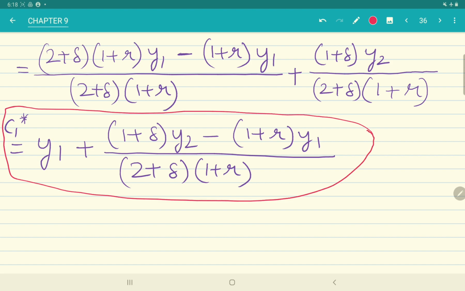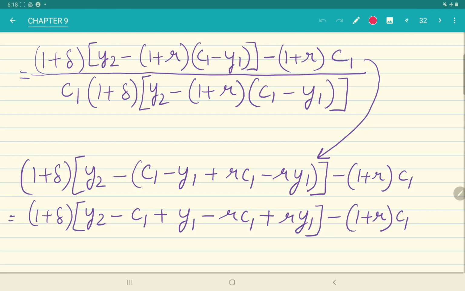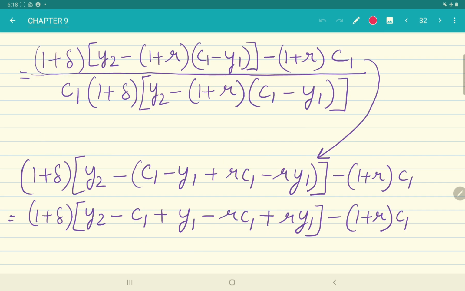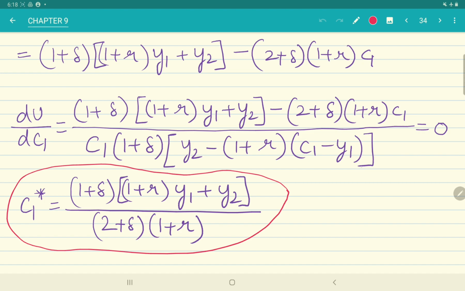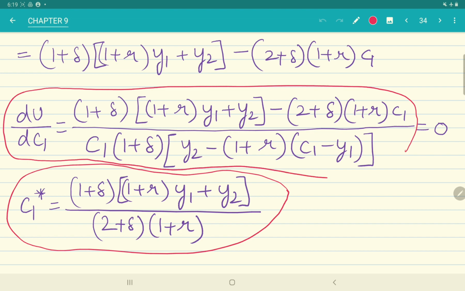Now, if I see that C1 is greater than C1 star, and if you now look at what your du by dc1 is, this is our du by dc1.